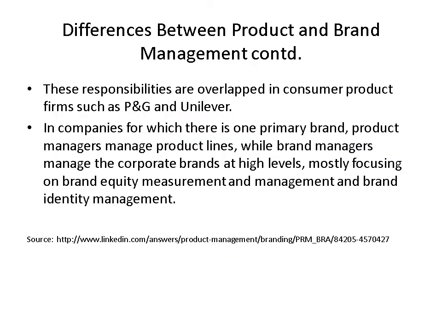When it comes to responsibilities, here is an example of two companies that are both engaged in consumer products, Unilever and Procter and Gamble. In companies with one primary brand, product managers manage product lines, while brand managers manage the corporate brands at a high level, mostly focusing on brand equity measurement.